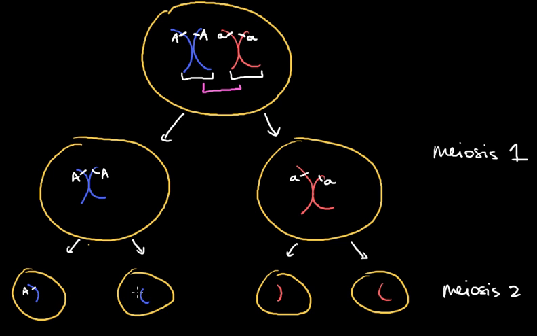This is going to be big A, big A, little a, little a. And notice that these have separated, and so now we have two cells with a big A each, and two cells with little a each. And this is really the simplest model here.